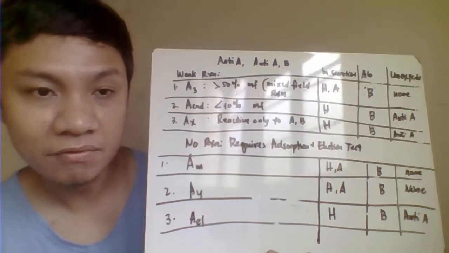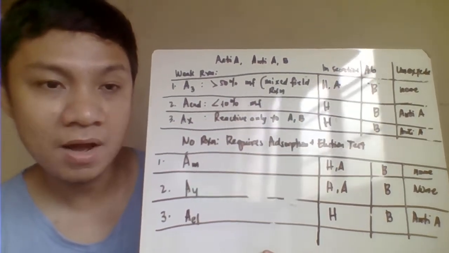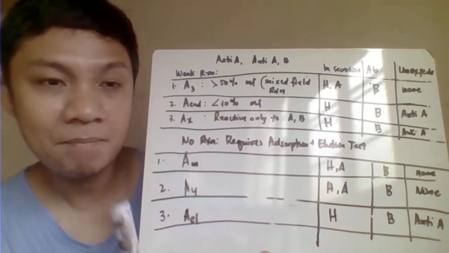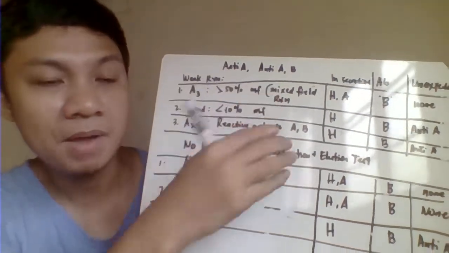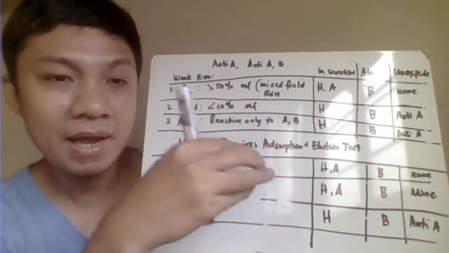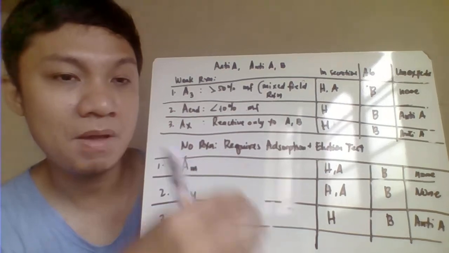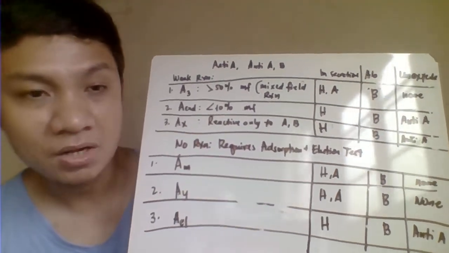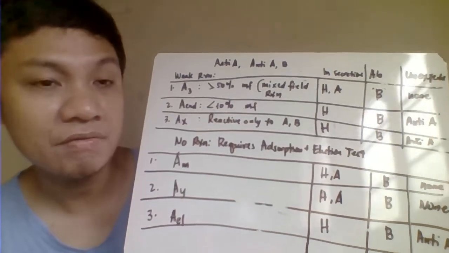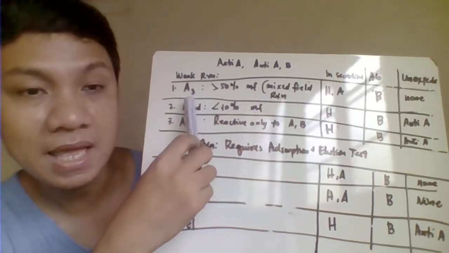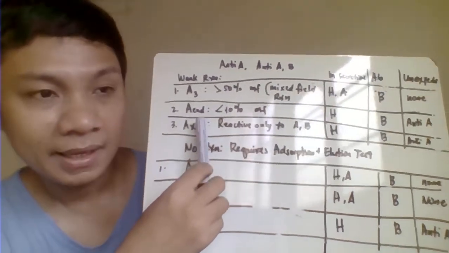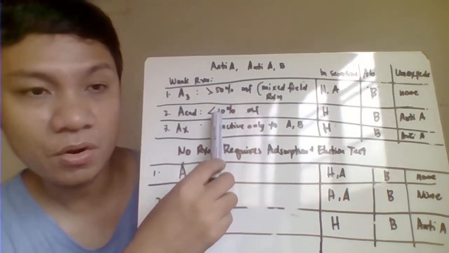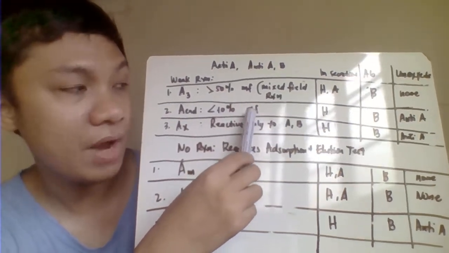When we say mixed field reaction, when you look at the patient's sample upon addition of this reagent, there are areas that will have agglutination and areas with no agglutination. That's your mixed field agglutination reaction. Majority of that, almost 50%, could be found in the A3 subgroup. AN, on the other hand, would have only less than 10% of the mixed field reactions.